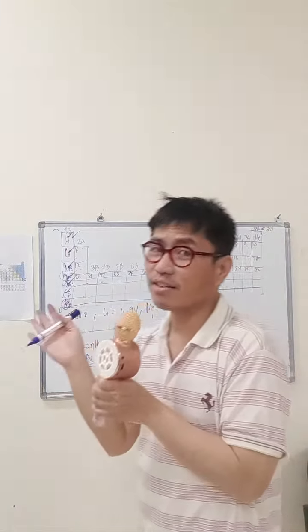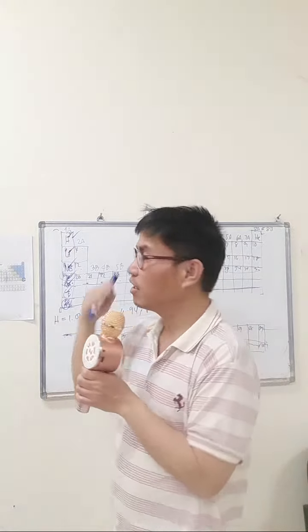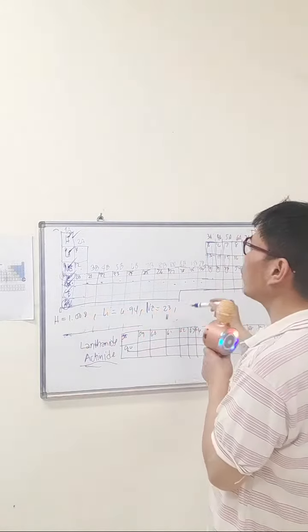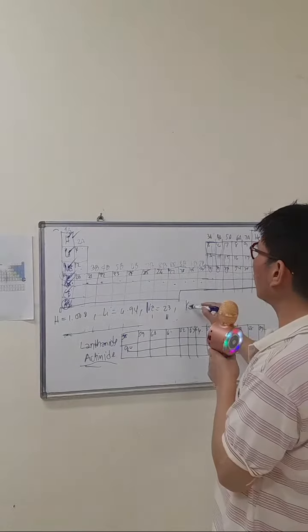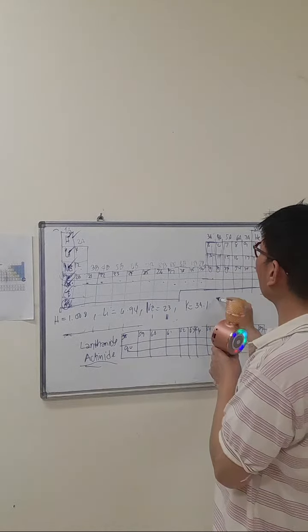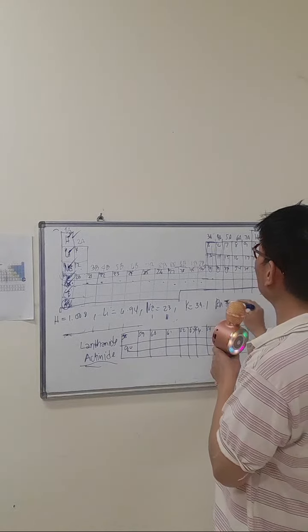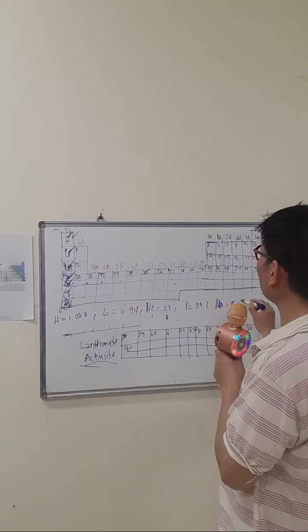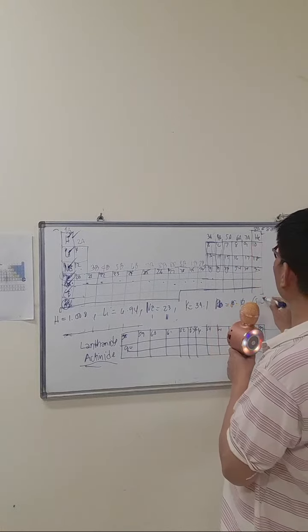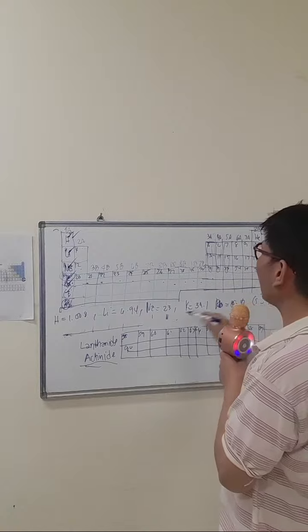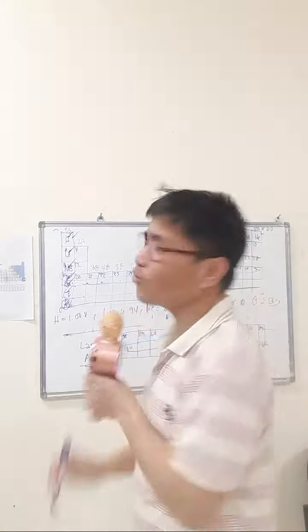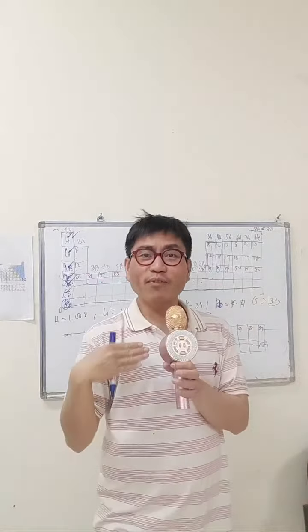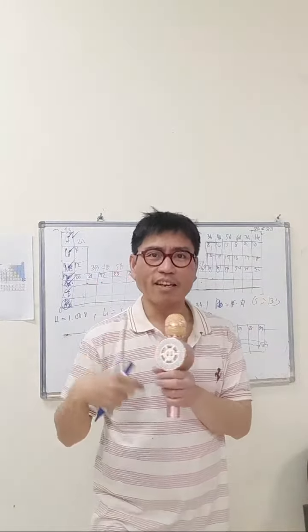For me, I memorize because this is my profession. Sodium 23, like that. Potassium is 39.1. Rubidium is 85.47. Cesium is 133. Francium is 223. So, to those who don't love to memorize, it's crazy. But if you really love to memorize, then it's okay.